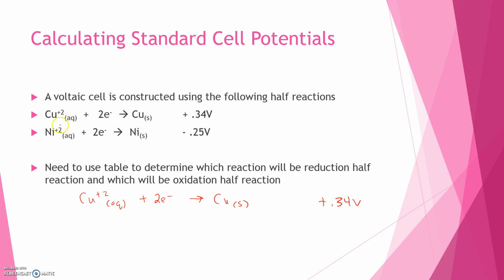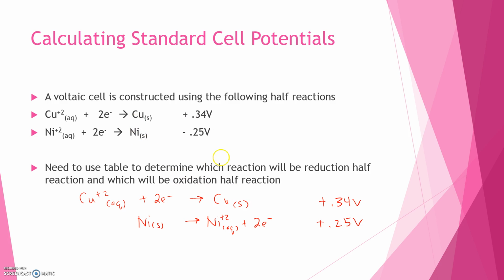But this one here, I'm going to switch it to an oxidation reaction. I'm going to switch it from being reduced to being oxidized. So I'm going to write Ni solid becomes Ni2+ aqueous plus 2 electrons. And then, because I reversed the reaction, I reverse the sign.